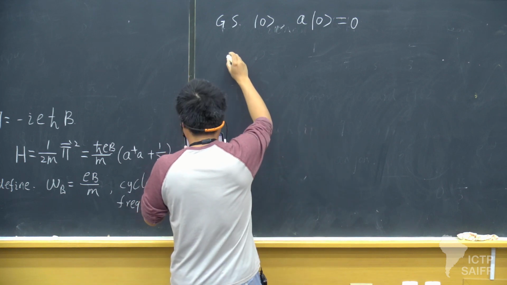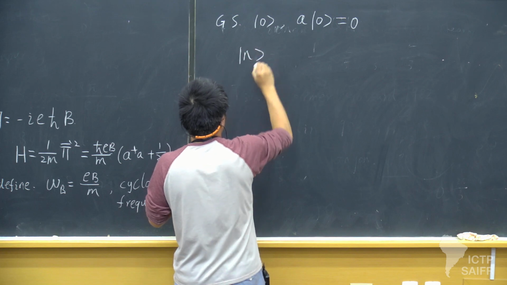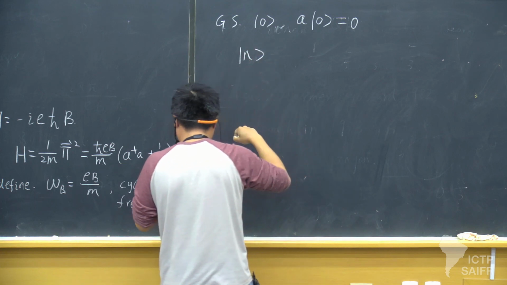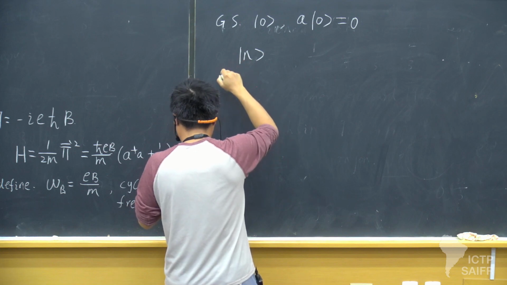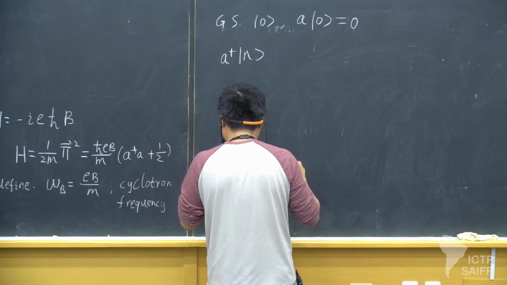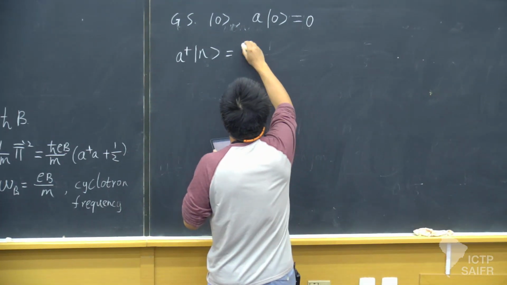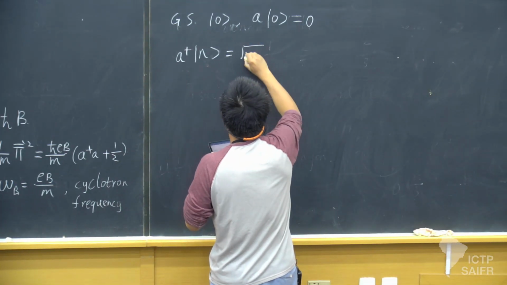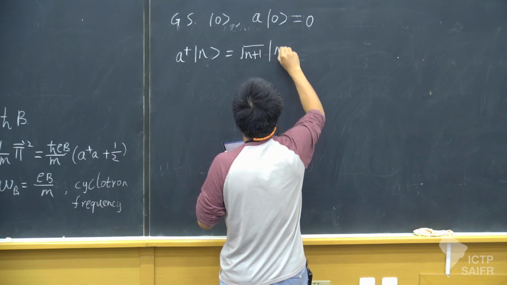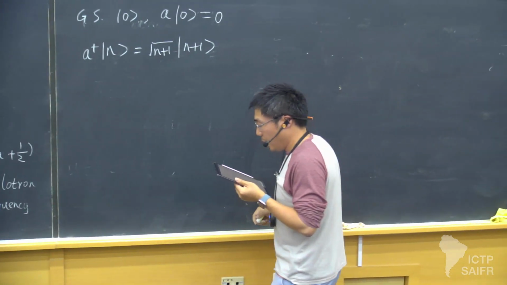And then we can define the state that we label |n>. Don't confuse this n with the charge carrier density that I also talked about. If I apply a creation operator to this state, I will increase n by 1.